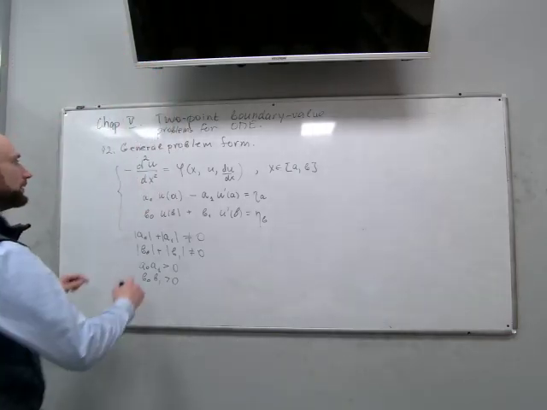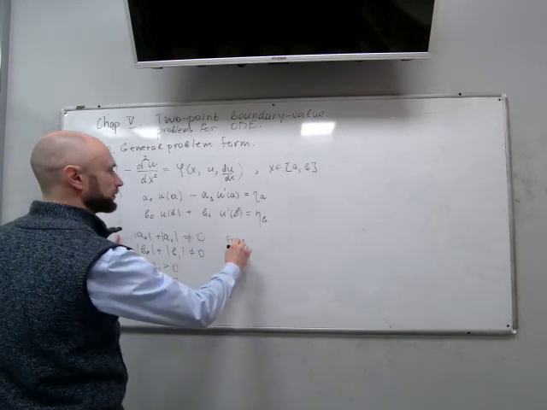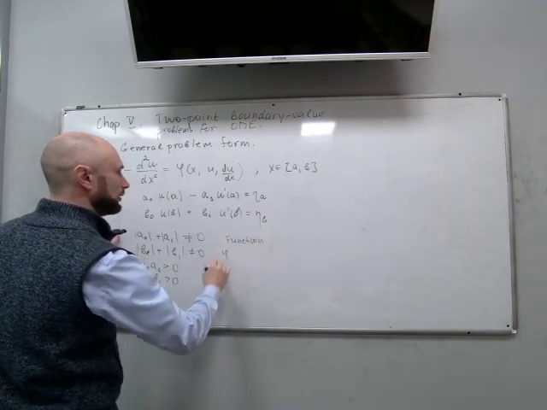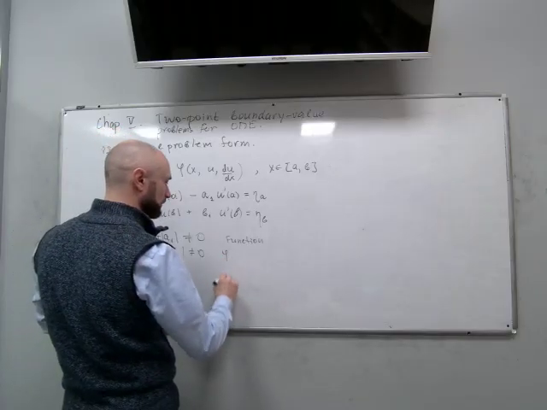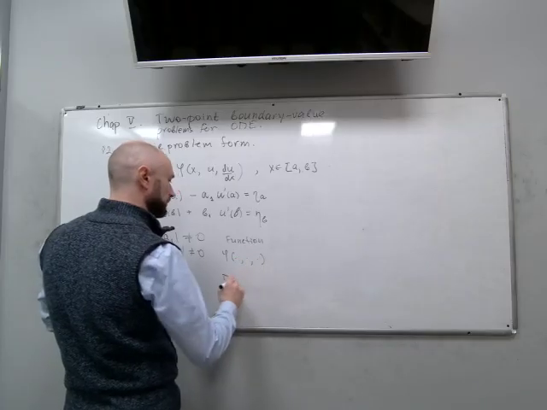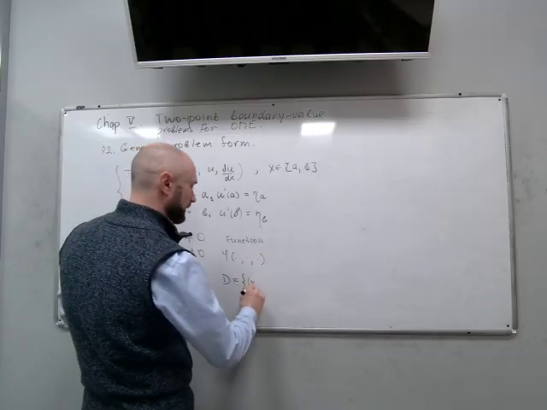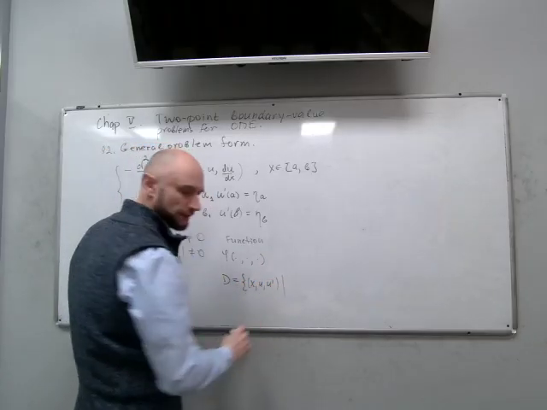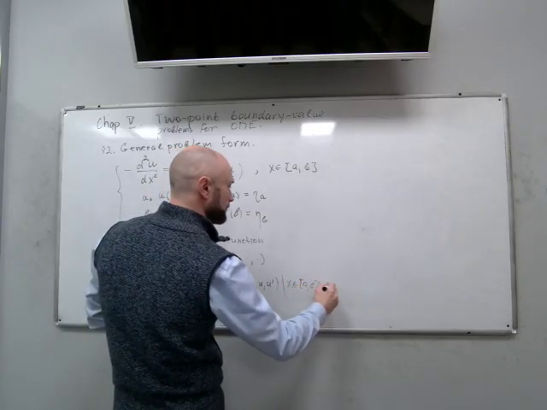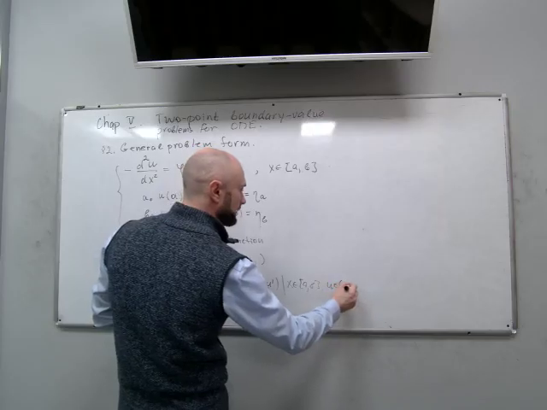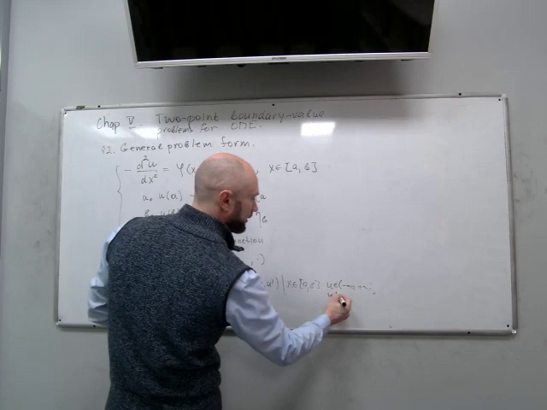So the function phi is defined in the following set: x, u, derivative. So x is from a to b. u can be from minus infinity to plus infinity, and the same for the derivative.